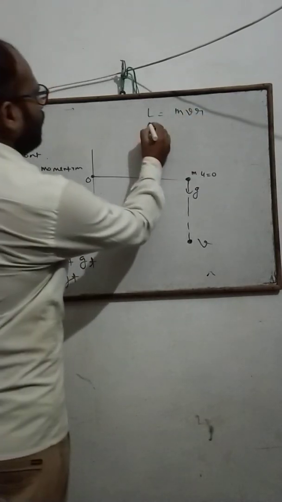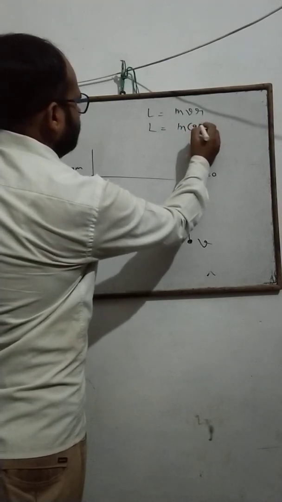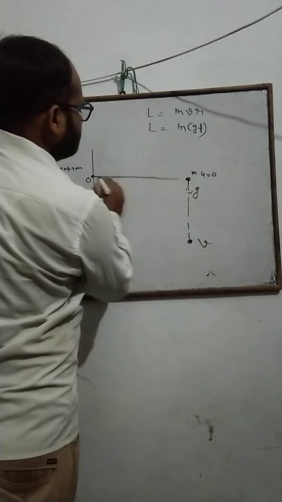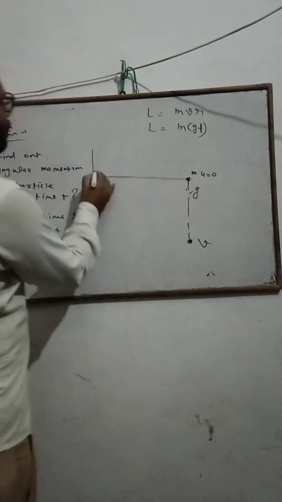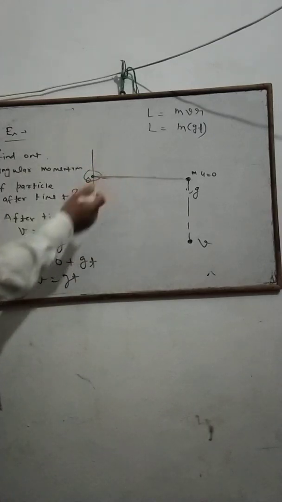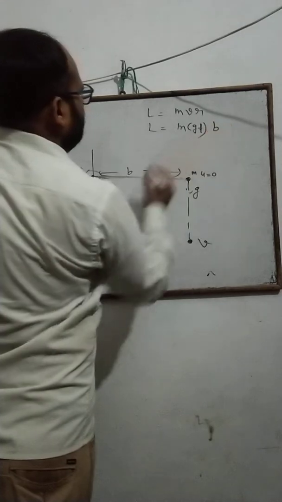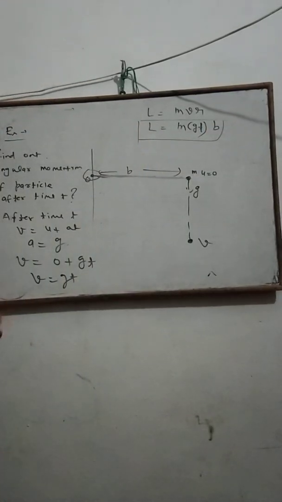So L equal to m into g into t, and r is the perpendicular distance from the point of rotation, or the point about which you have to calculate angular momentum. Let this be b, so it will be mgtb, the angular momentum.